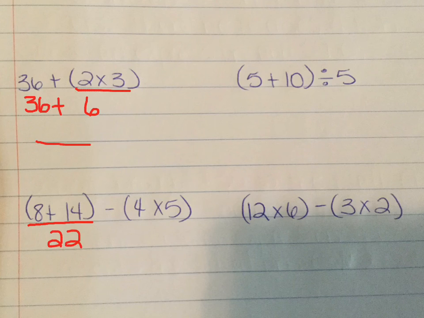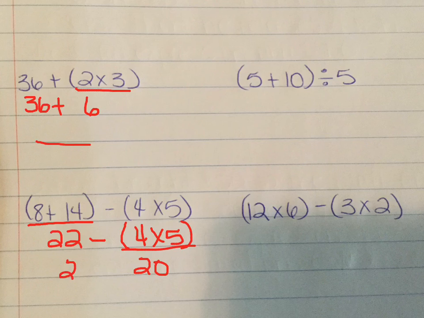Okay, then bring down the subtraction sign, the parentheses, 4 times 5. Now we're going to solve 4 times 5, which is 20, and then 22 minus 20, which leaves you 2. Okay, I'm going to leave 5 plus 10 divided by 5 for you to solve in Edpuzzle.